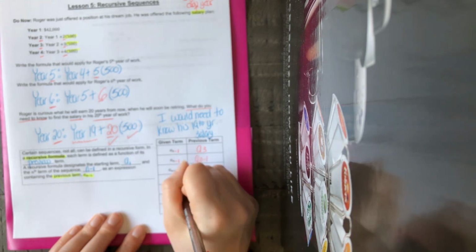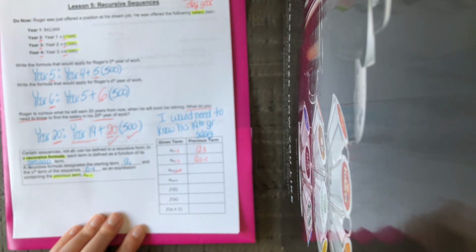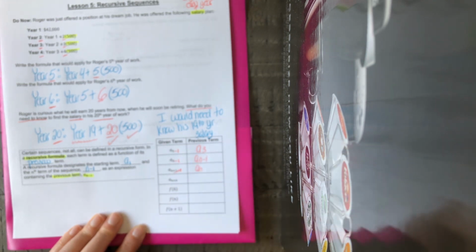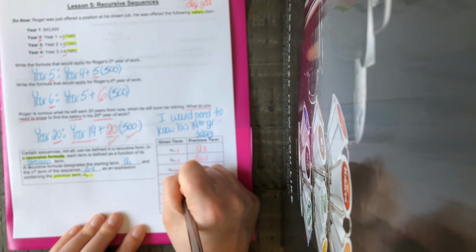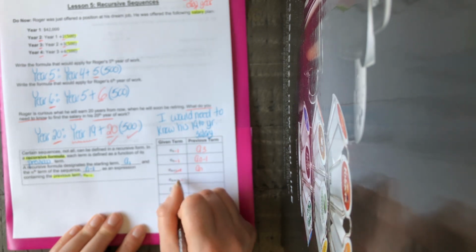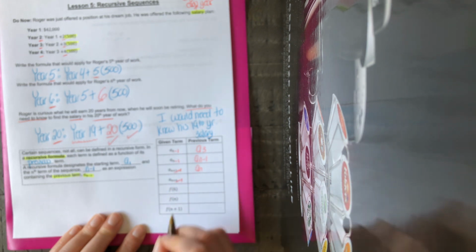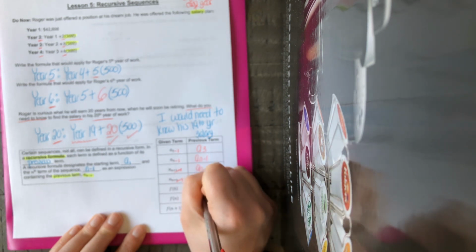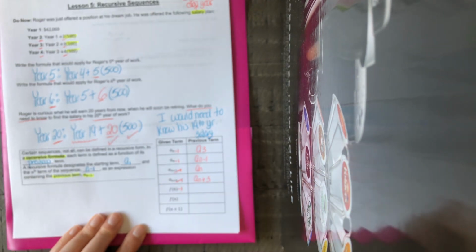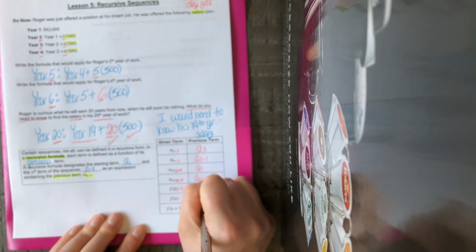Well, 1 minus 1 is 0, right? So that just cancels. So all I have left is a sub n. What comes before n plus 4? Well, what's 4 minus 1? It turns into a 3. So it's going to be a sub n plus 3. What comes before 6? Well, 6 minus 1 is 5.